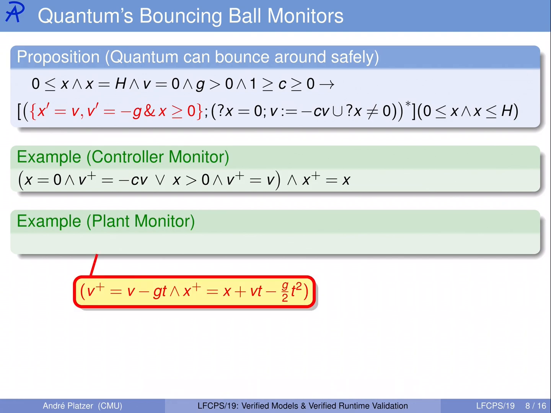And remember, the solution of the differential equation would, for example, be that the new velocity is the old velocity minus gravity times time, and the new position is the old position plus old velocity times time minus half gravity times time squared. But for what time are we talking about? Well, in this model, there is no differential equation for time. So time is unobservable, but we also shouldn't talk about time in the monitor.